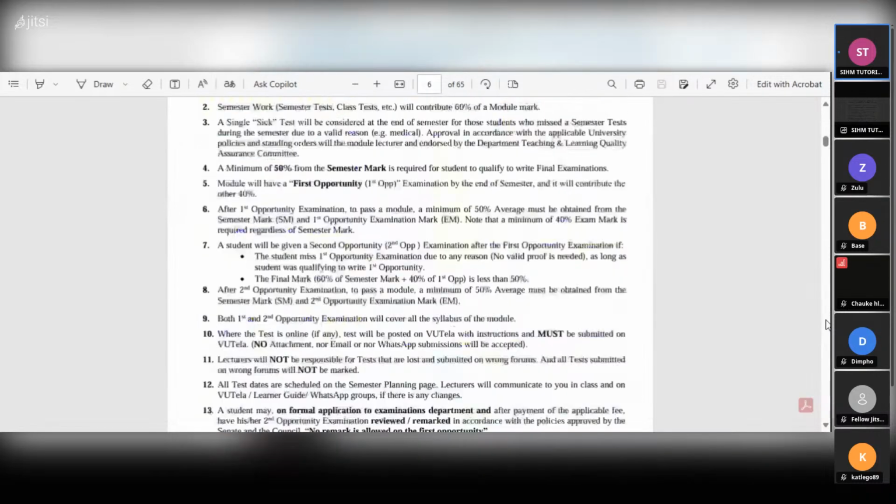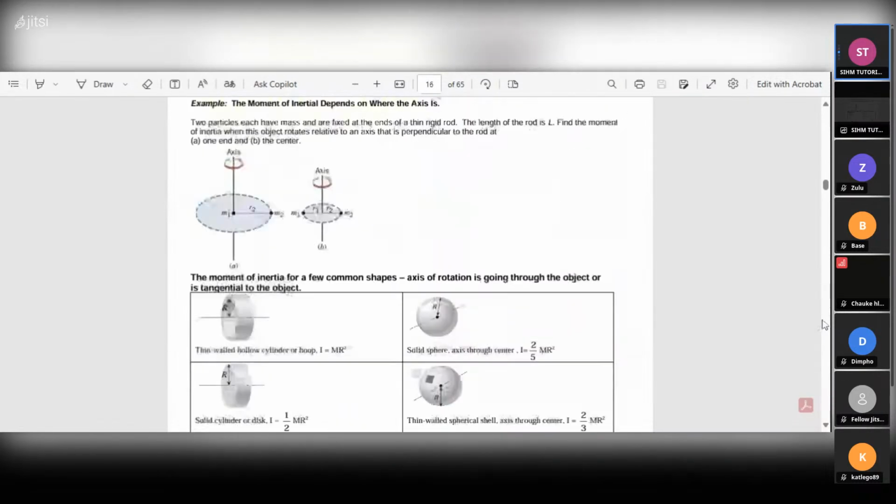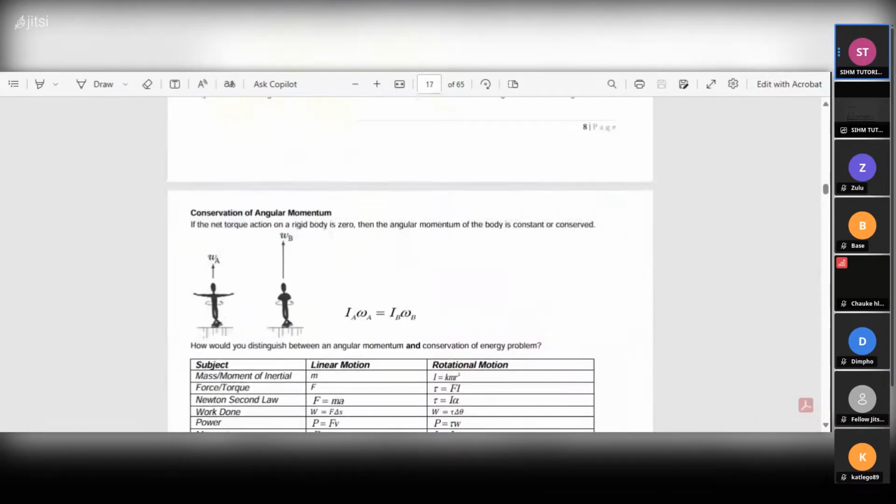Studying unit three. So before we can start, do you all understand unit two, the rotational? Yes, we do, sir.